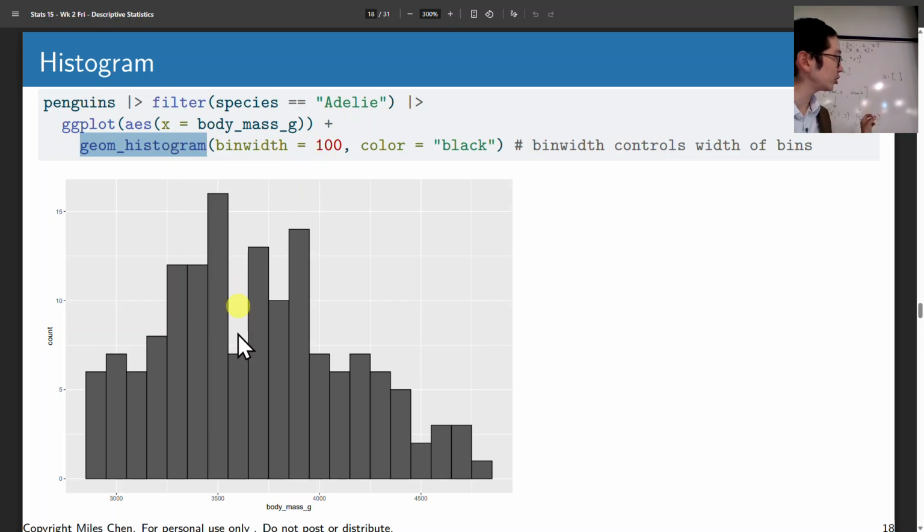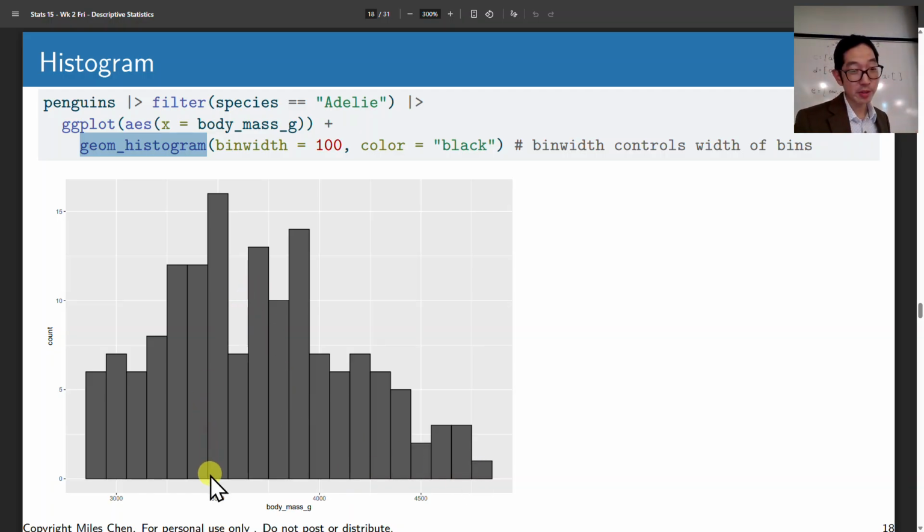Bin width is 100. I don't know the exact cutoffs, but I'm imagining it's 2,950 to 3,050, 3,050 to 3,150, 3,150 to 3,250, and so on. Each of these bins has a width of 100.